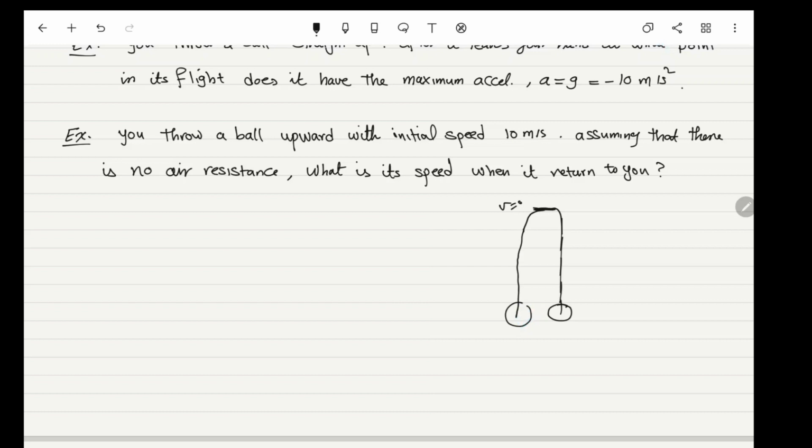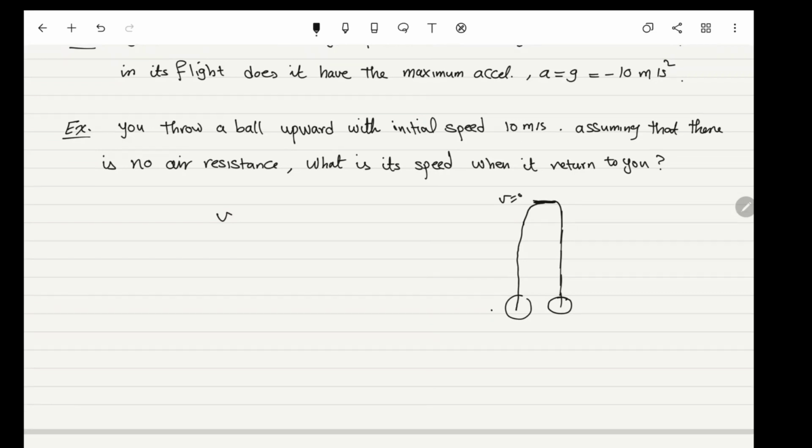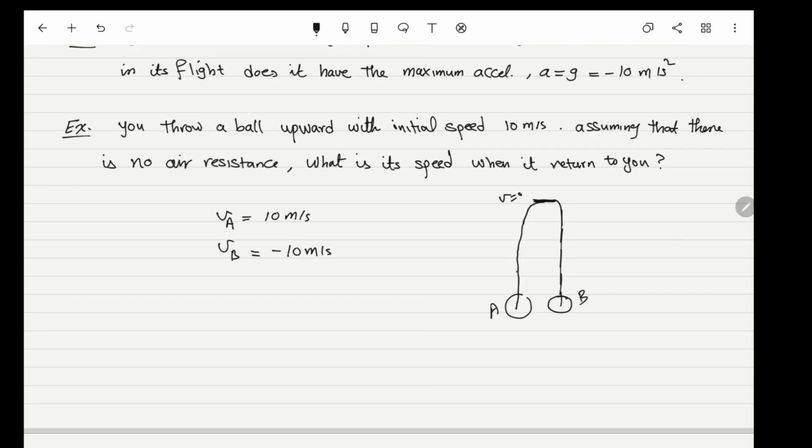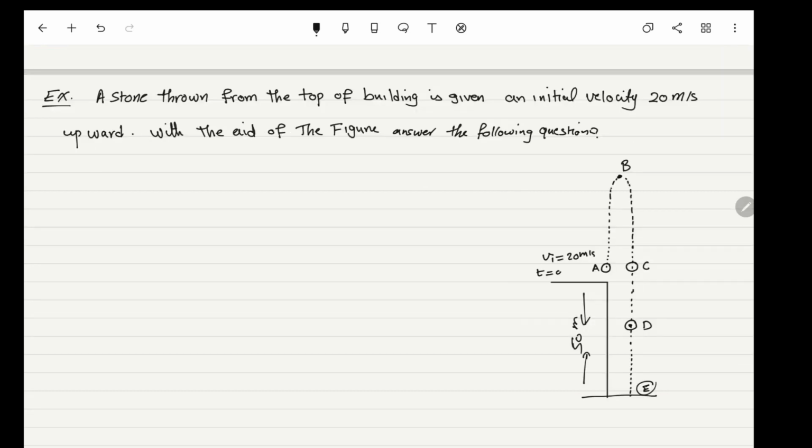Let's rename them position A and position B. V at A equals 10 meters per second. V at B equals minus 10 meters per second. So same magnitude, different directions. The object is going up in this case, and the object here is going down. This is the meaning of the minus sign.